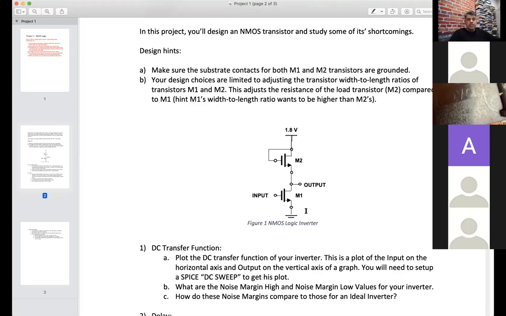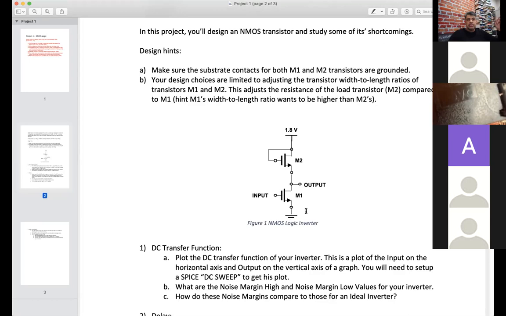Because a lot of what we're looking at with CMOS being a good logic family, with different parameters, noise margins, delay, etc., is good in comparison to something that's not good.